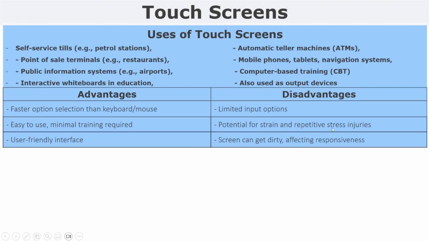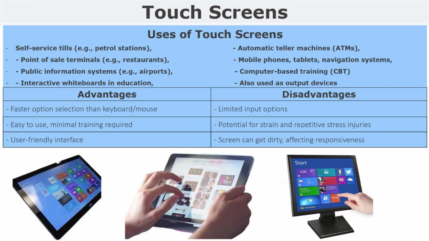Once you continually use the touchscreen for a long time, you hold your hand in a certain way and you begin to feel pains between your thumb or on your wrist because of the way you use the touchscreen. The other disadvantage is that a touchscreen can get very dirty, and when you have some liquid poured on it, it affects the way it responds. So those are some disadvantages of the touchscreen.